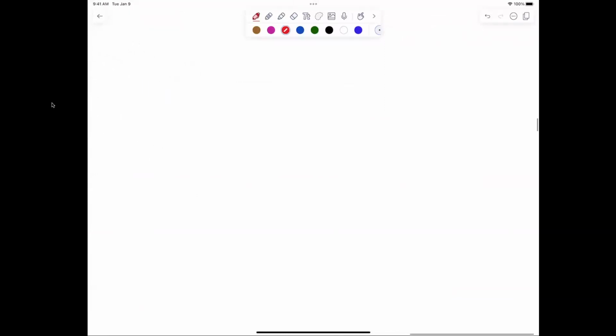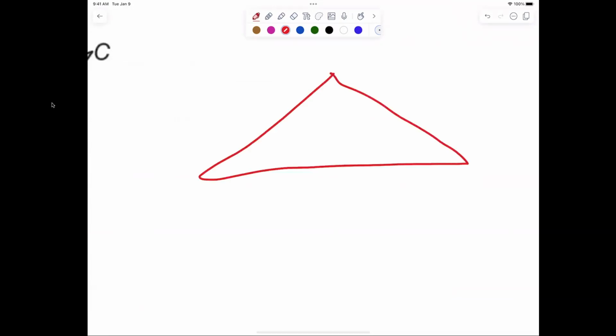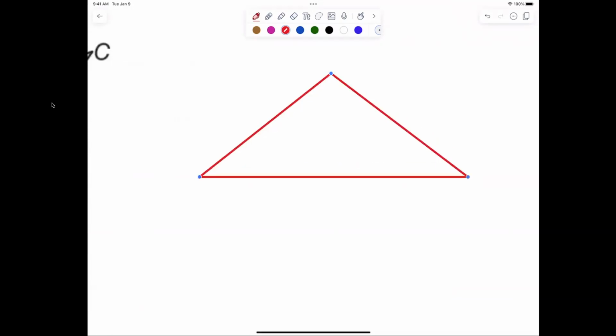If I'm going to draw a triangle now, here's A, here's B. Like I said, I'm trying to be better, but I don't understand why this is difficult. I'm showing you the demonstrations. I feel like it's just obvious, but it's not obvious, and I don't know why.